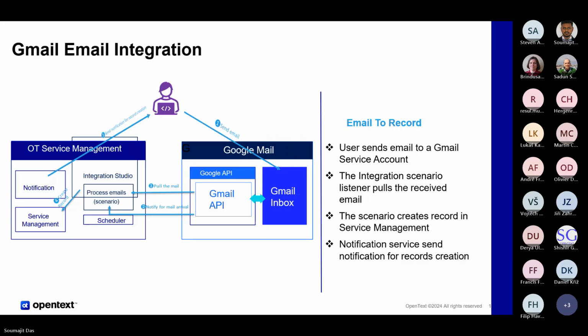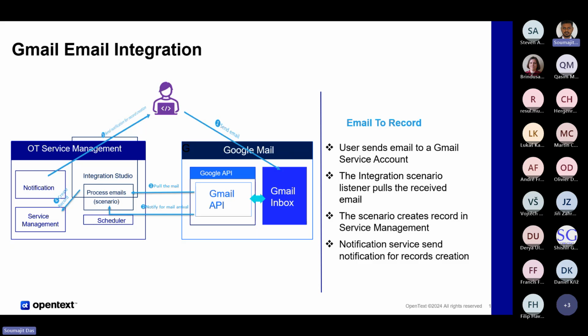Basically, for an organization which standardizes on Gmail, the idea is you can have a service account, and then if there is any issue that an employee or a user wants to report, say, for example, they are not able to log in to an application, then they can send an email to a common account, and then that is pre-integrated with OTSM, and the email gets processed and a ticket gets created, and the user gets a confirmation that the ticket is created. So this is yet another mode of communication.